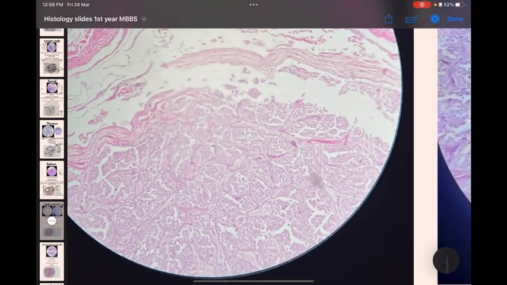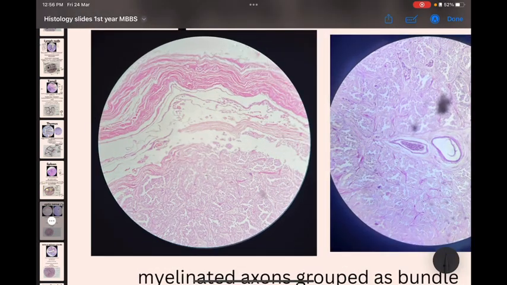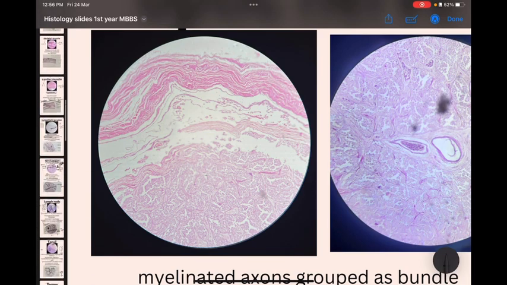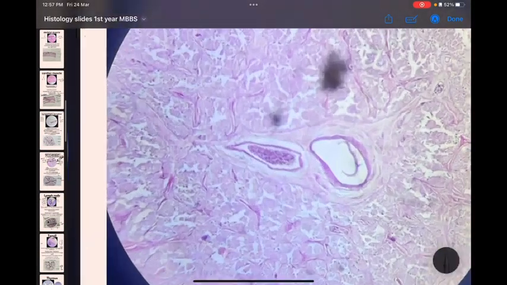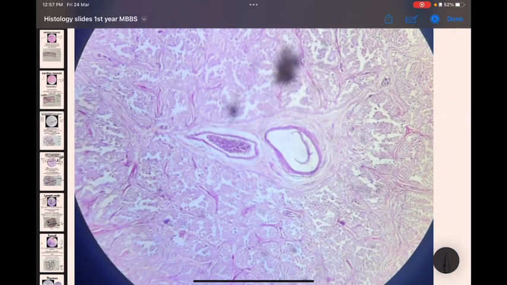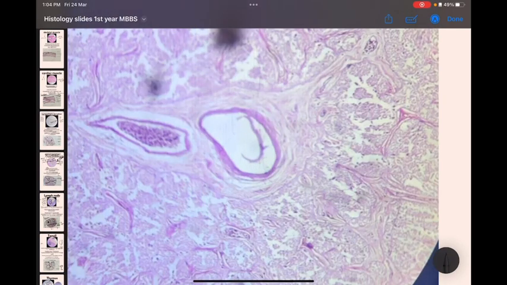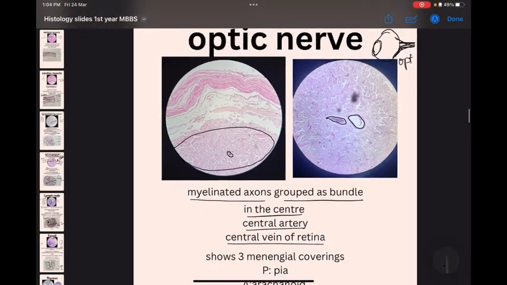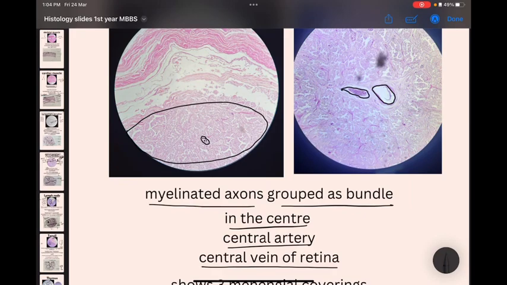You might get confused slightly with the ganglions, the slides of ganglions, but there is no point of getting confused, because in the case of optic nerve, we have two vessels. The name of these vessels is central artery and central vein of retina.